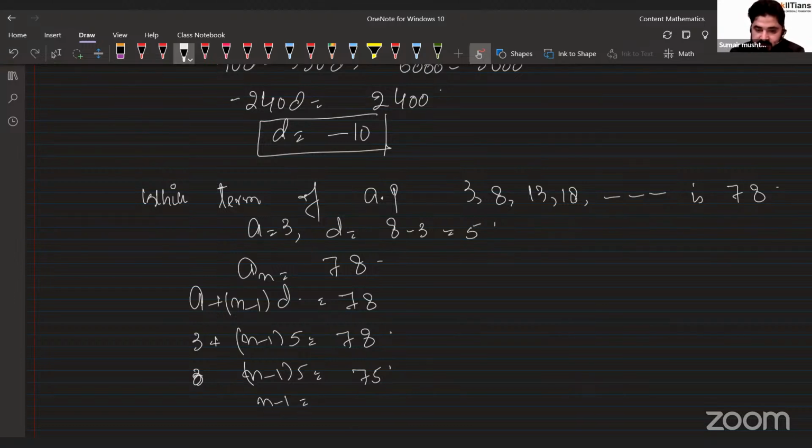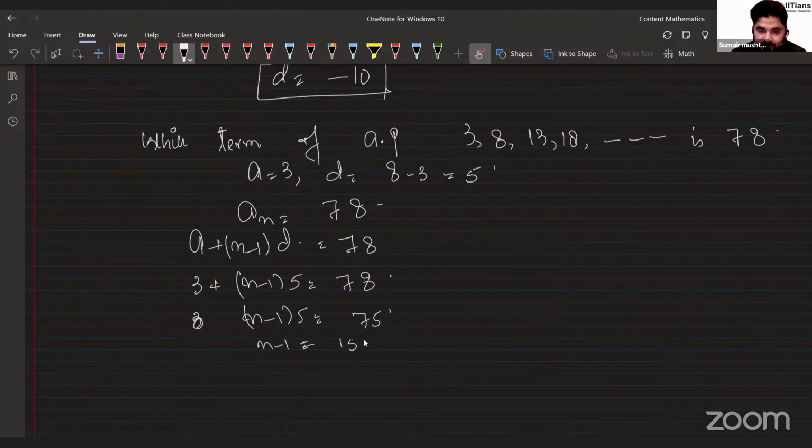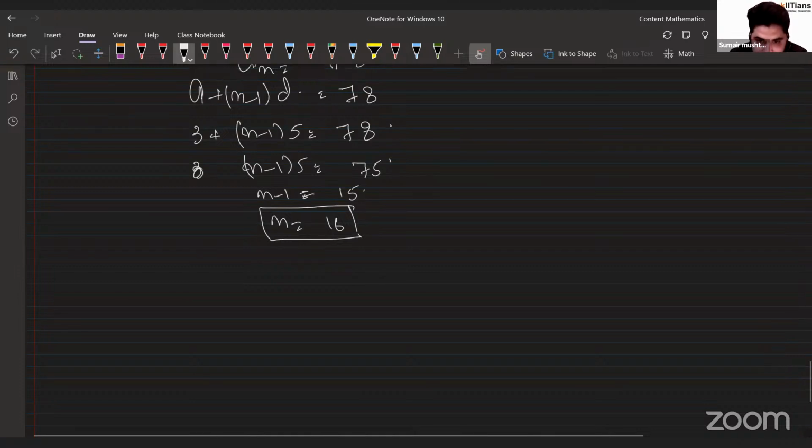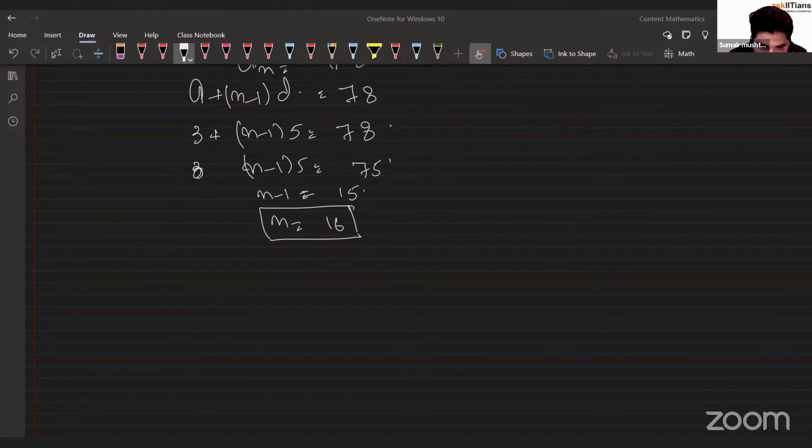So n minus 1 is equal to 15. n is equal to 16. Correct? Any confusion?